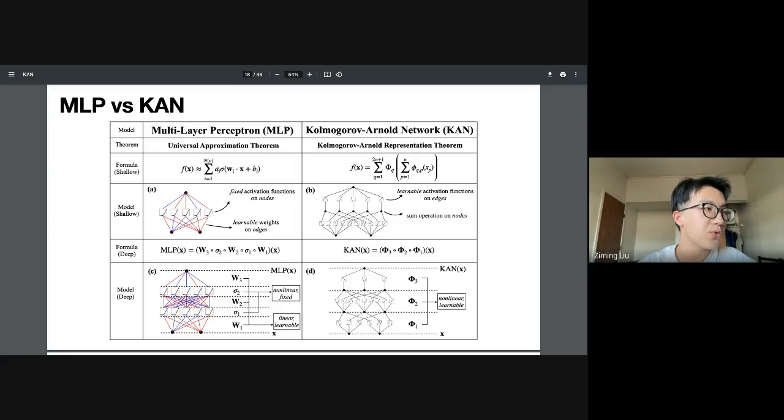In principle, you can turn a KAN into an MLP, but that would require more parameters. So my first point is about parameter efficiency, because KANs have some structures that MLPs do not have.